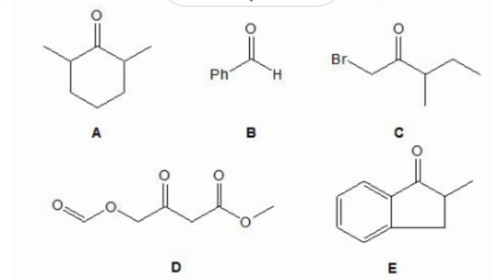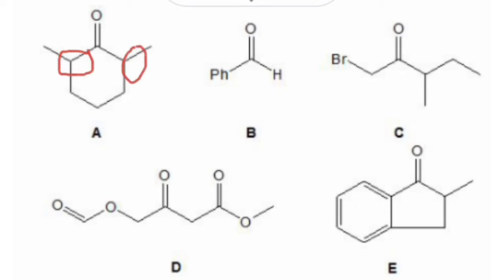Let's look at molecule A. How many acidic hydrogen atoms does this molecule have? For us to answer that, we need to look for the alpha hydrogen atoms. This molecule has 2 alpha carbon atoms, this carbon right here and this carbon right there.